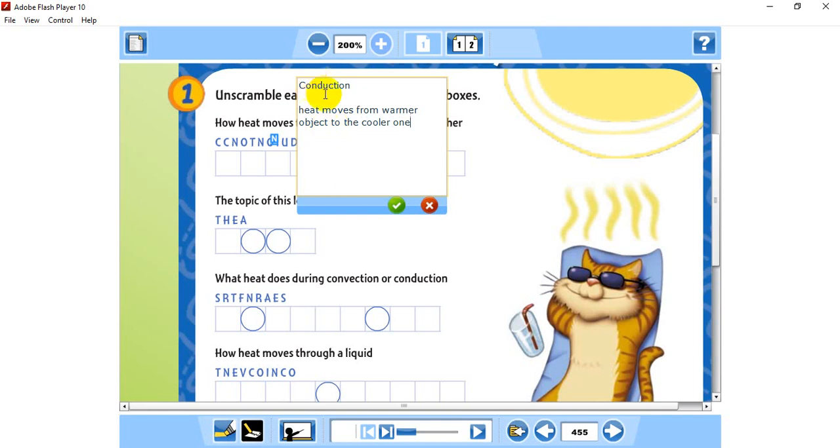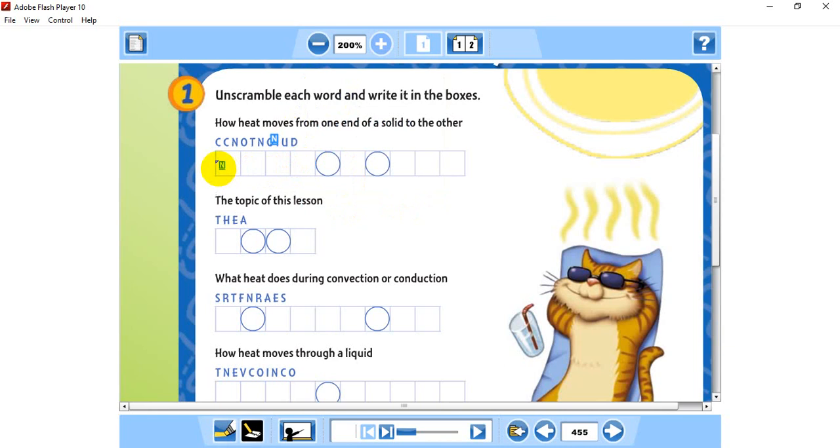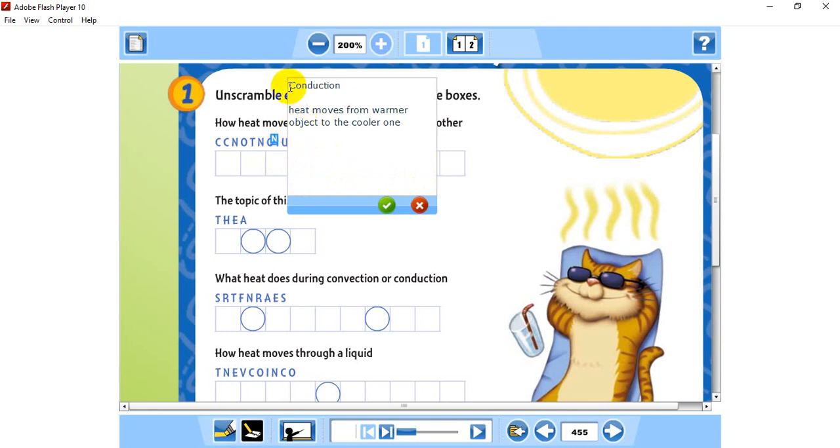Okay, this is conduction. Okay guys, so we write here conduction. So you have to write conduction here. Try to fill these spaces with this word. Okay, conduction.